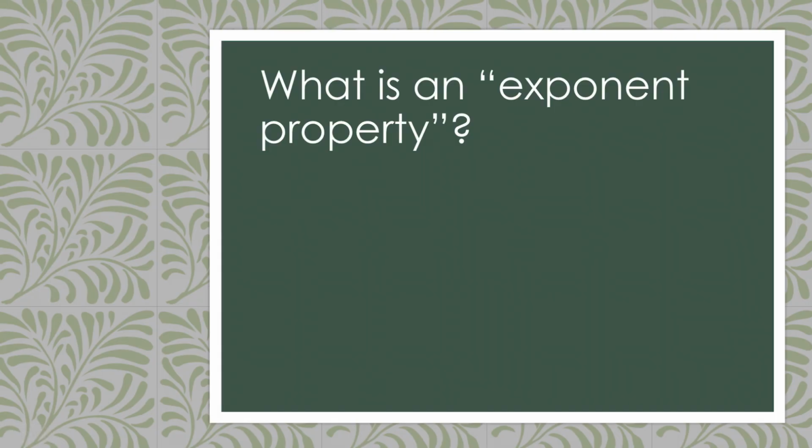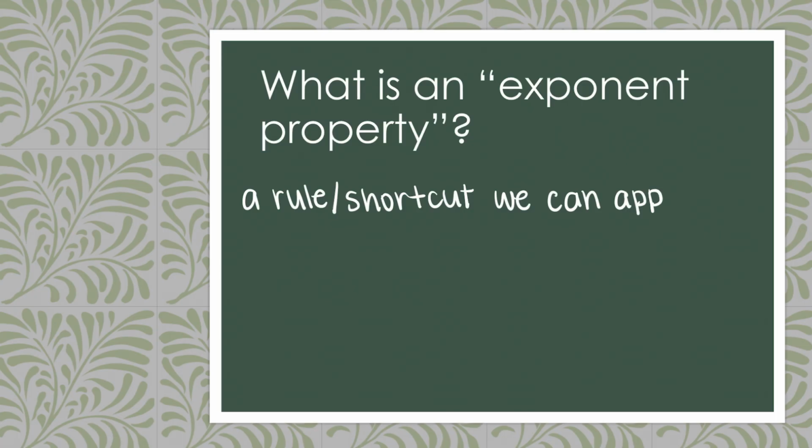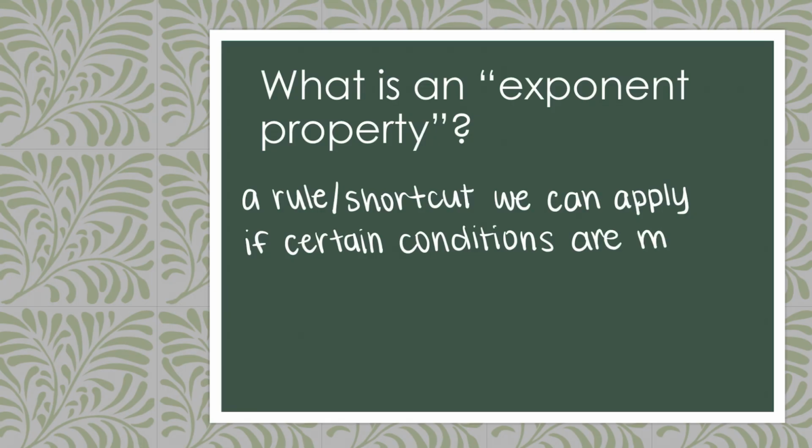An exponent property is a rule or shortcut we can apply if certain conditions are met. And like I said, we're only really going to go over two properties here, the product and the quotient property.